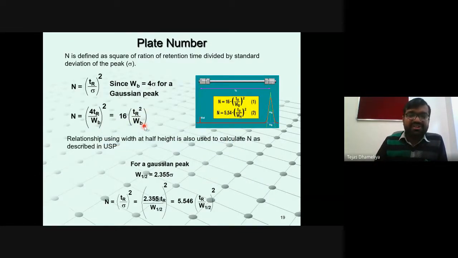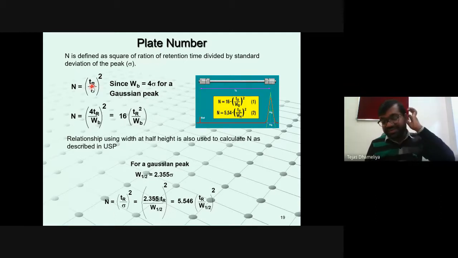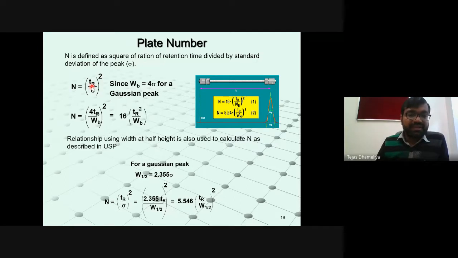And these are several other formulas for a Gaussian peak. The number of theoretical plates is nothing but the retention time divided by the standard deviation of a particular peak, squared.